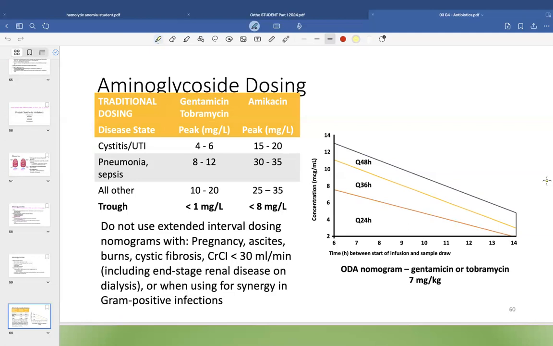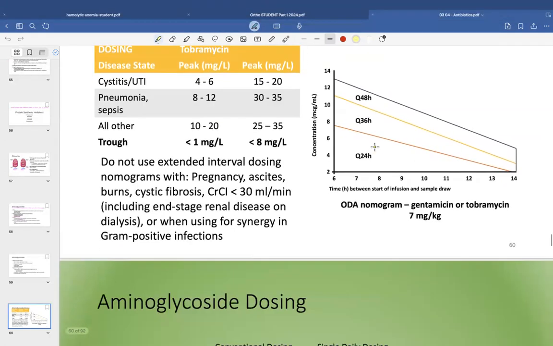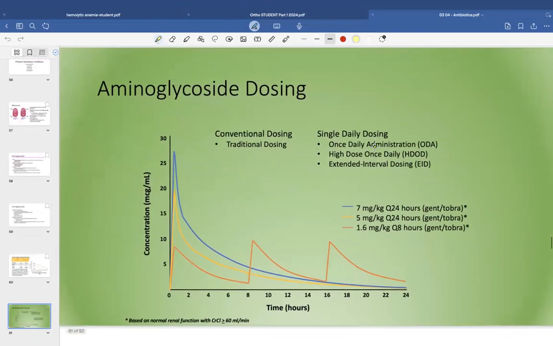Traditional dosing basically states that this is a short half-life agent. We need to give it multiple times a day so that there is some amount of it in the body. That is shown here. So if this x-axis represents a 24-hour period, this is a person with normal kidney function.